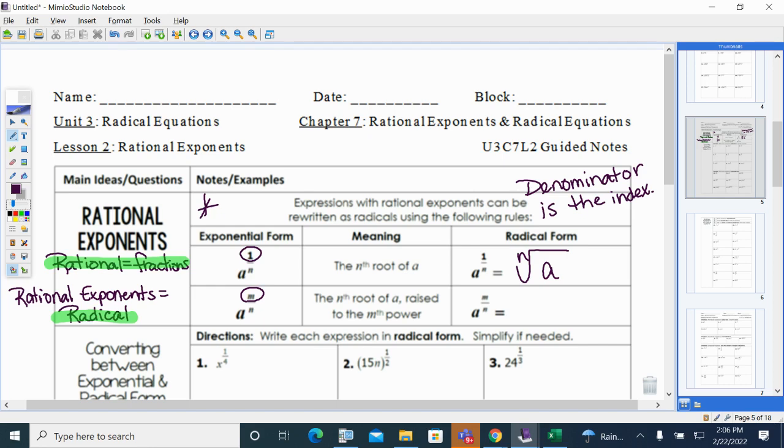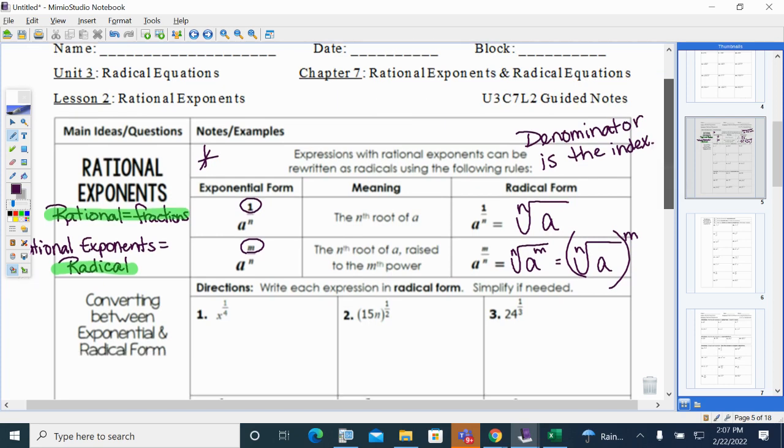The denominator is still the index, so the n is still going to go as the index of the radical. The a is your base, so it's still going to go inside the radical. The m can either go as an exponent on the a, or we can rewrite this as one giant radical raised to the nth power.